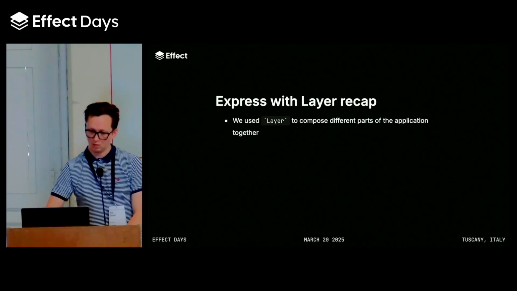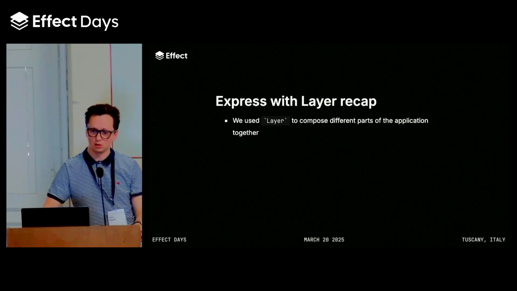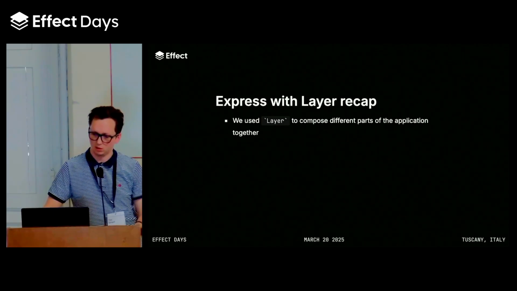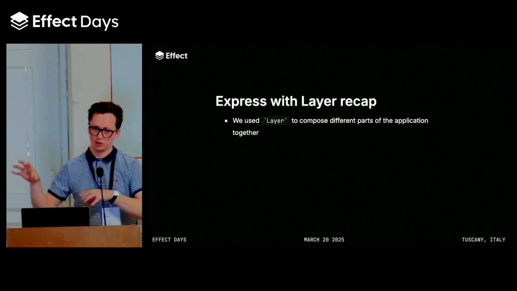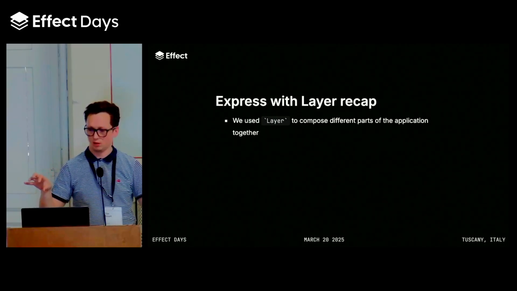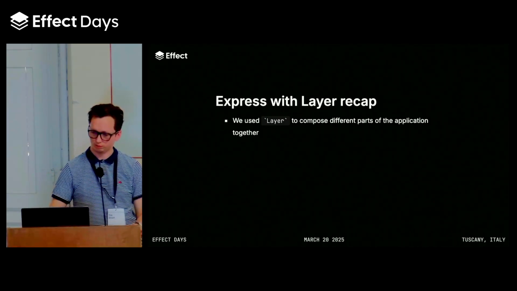All right, so just to recap, we now switched to using layers for composing the different parts of the application together. What that allows you to do is have a separate layer for each portion of your domain without having to add all your routes in a single place.